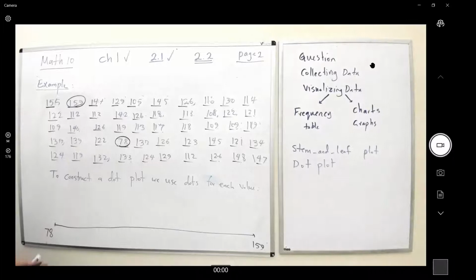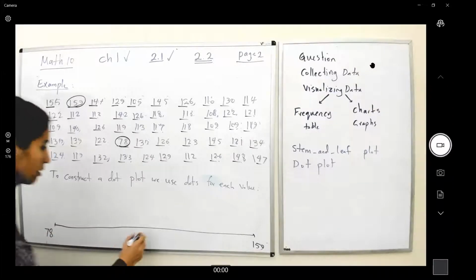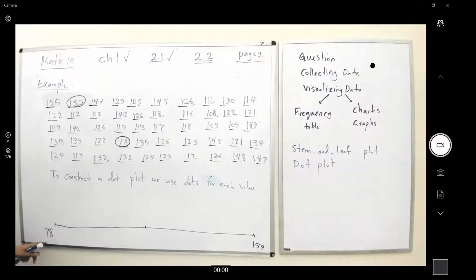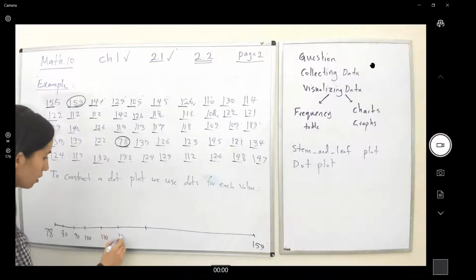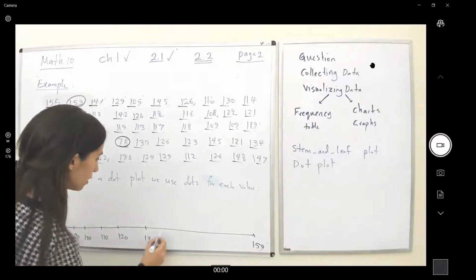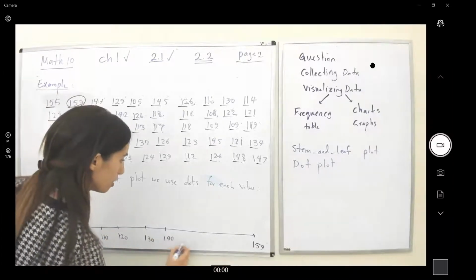Okay, let us just scale this. So here you have 78. Let us have 80 here, 90 here, 100, 110, 120, 130, 140.